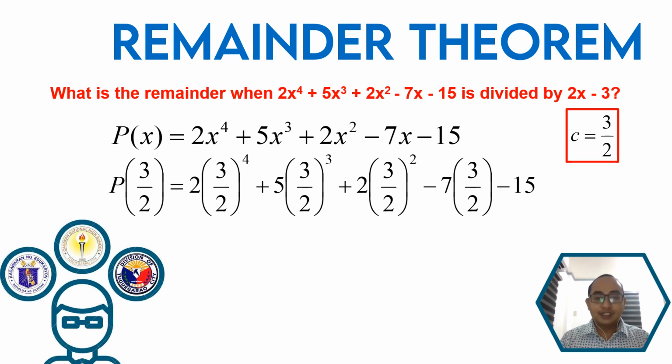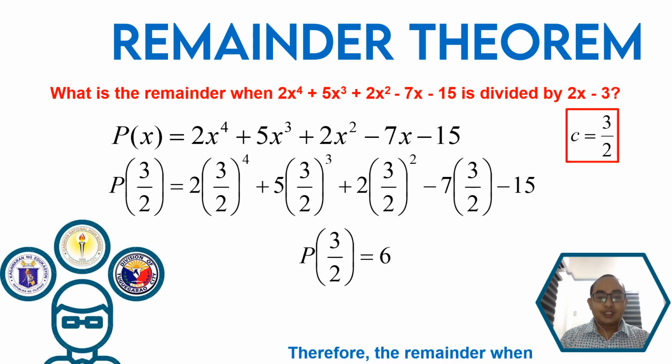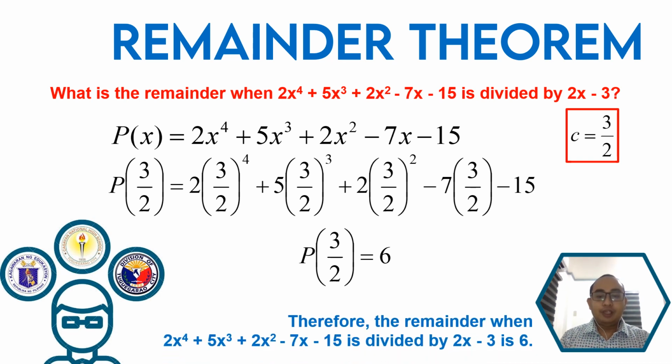Simplifying this, class, will give us a value of p of 3 over 2 equals 6. Therefore, the remainder when 2x to the fourth plus 5x cubed plus 2x squared minus 7x minus 15 is divided by 2x minus 3 is 6.